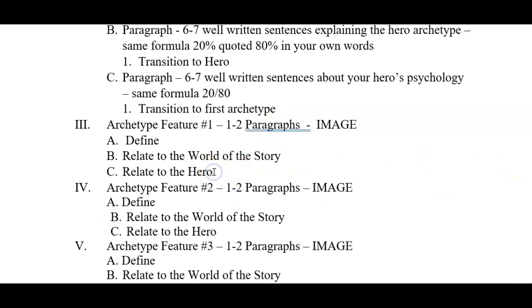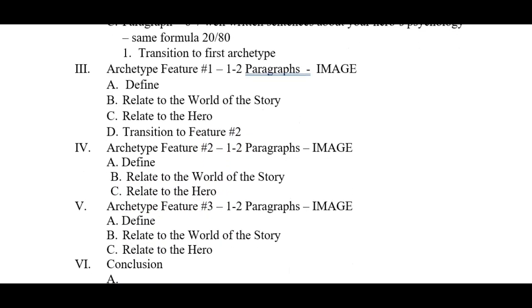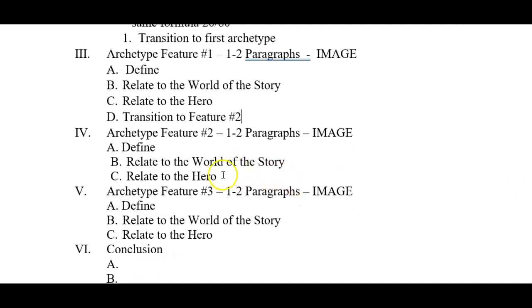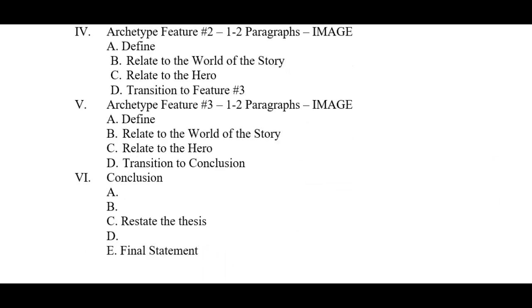At the end of each paragraph, of each section, is a sentence that leads into the next section. I always make sure I add that to my outline so I don't forget it. And then this one will have a transition to what? That's right, feature number 3. The conclusion, instead of a transition sentence, has a final concluding sentence. And there you go. See how fun this is?